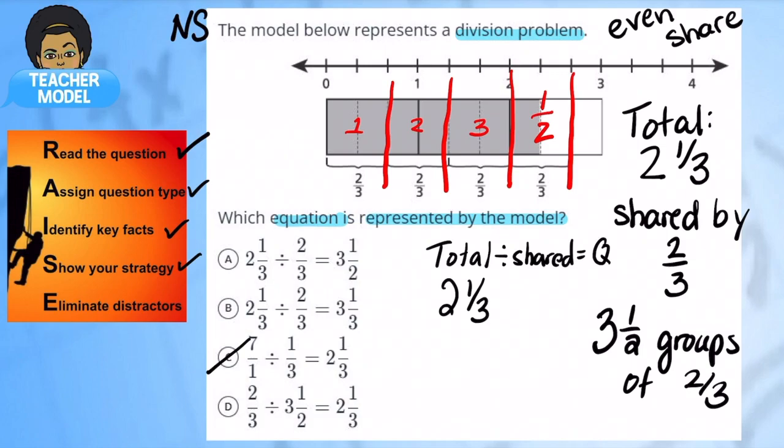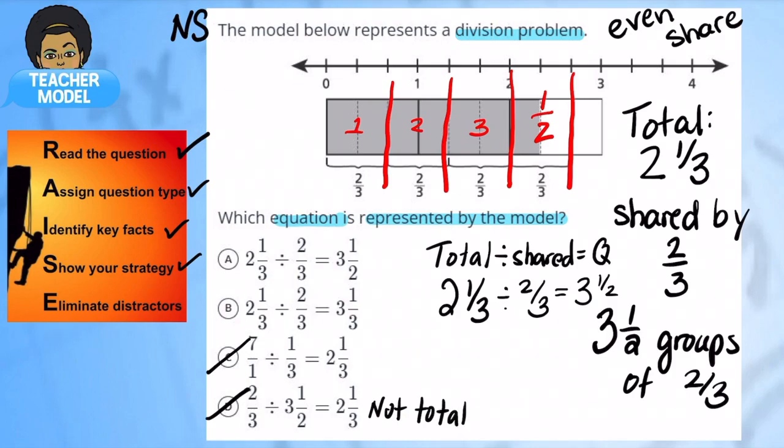And how are they sharing it? They're sharing them into 2/3. And how many pieces do I ultimately get when I share that? I have 3.5. All right, so now I just have to look to see, are there any other distractors here that make sense? Well, definitely the 2/3 is a distractor because this is not a total.